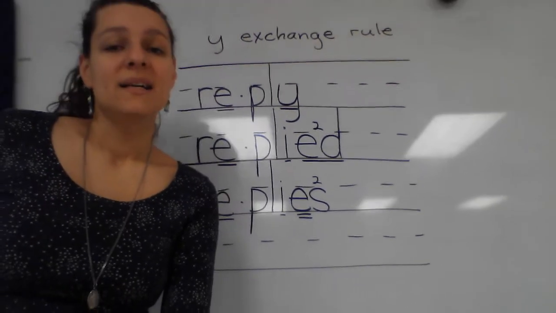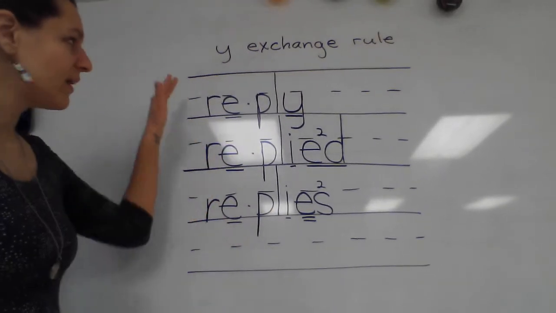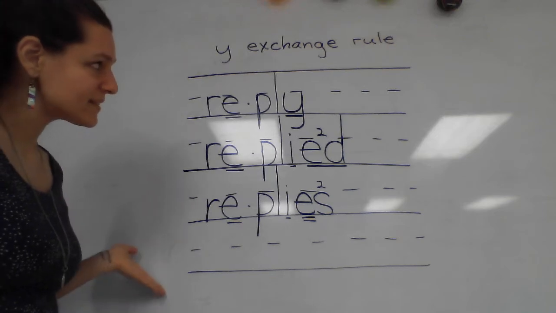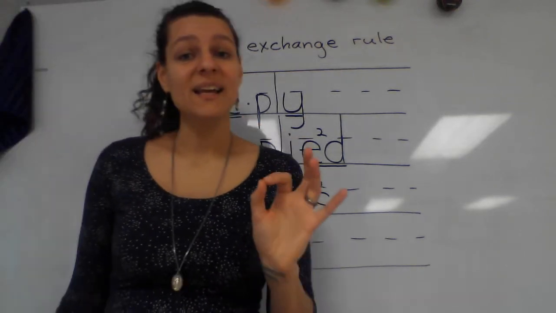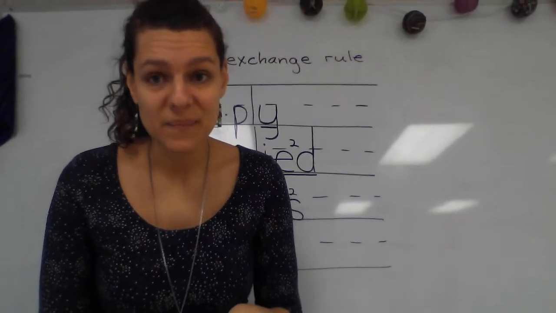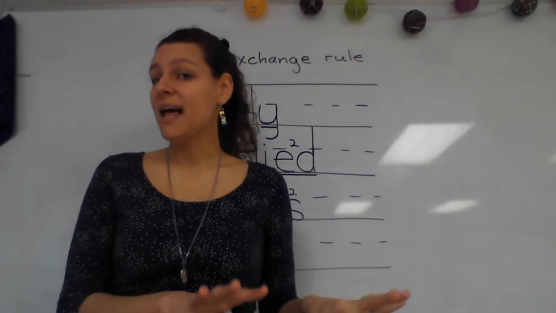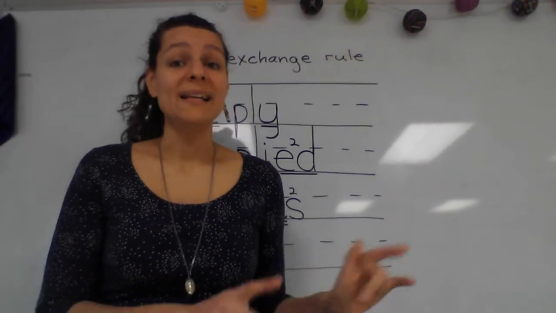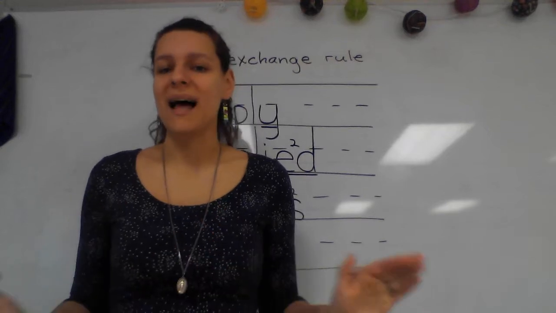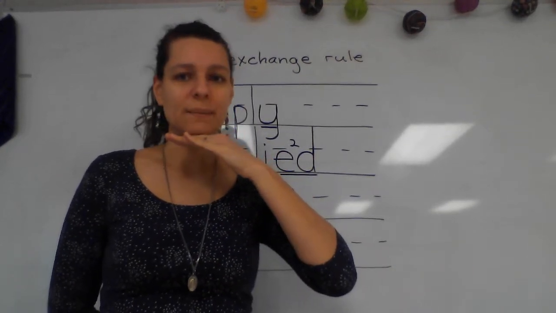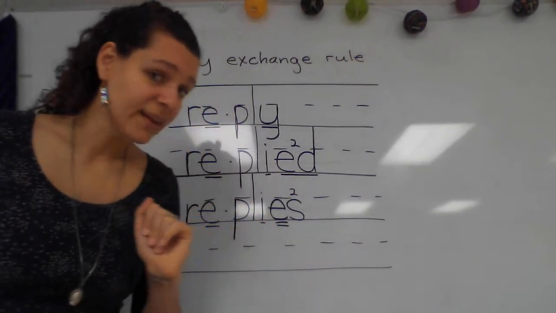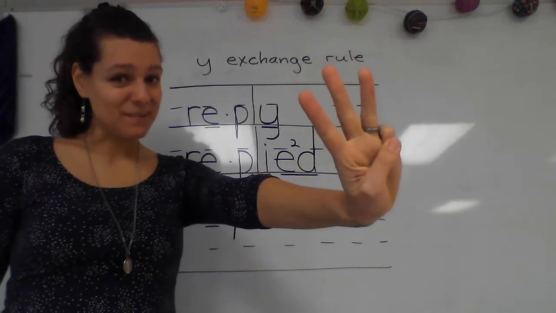All right. Now we'll write one more. We'll add one more suffix. We're going to make it into replying. I am replying to her email right now. Replying. How many syllables? Replying. I hope you're showing me this.